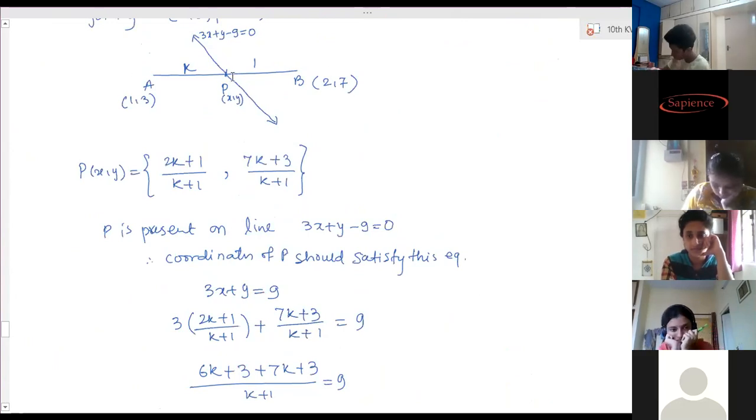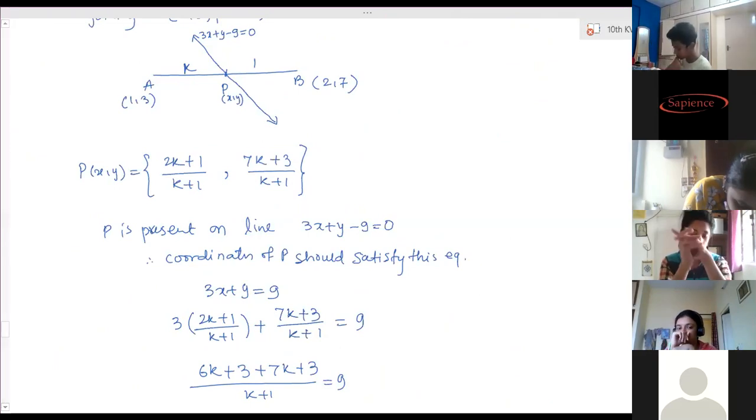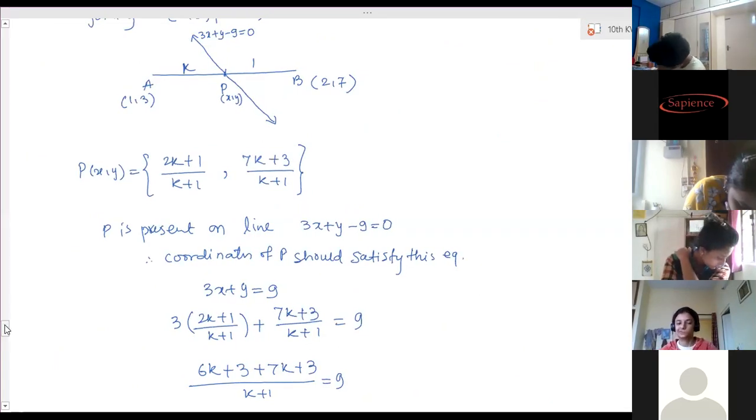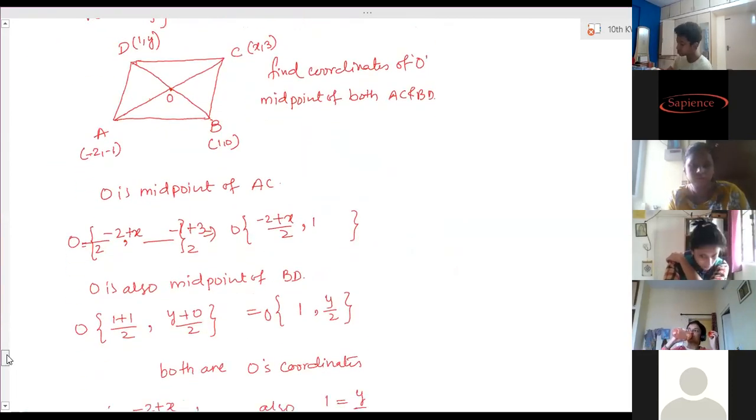So take the section formula, with P's ratio as K is to 1. Find P's coordinates in terms of K, then substitute these values of x and y of P into the given equation. Clear? That kind of question is important. For 3 marks they have asked that.